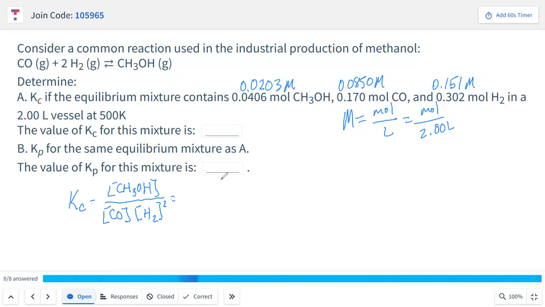So with those numbers now, it's 0.0203 molar over 0.0850 molar multiplied by 0.151 molar quantity squared.